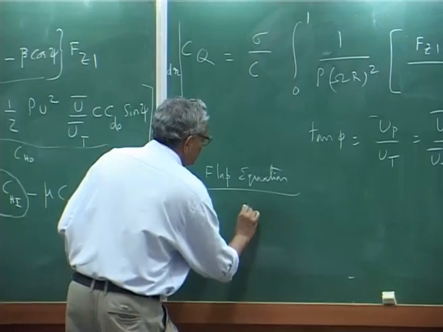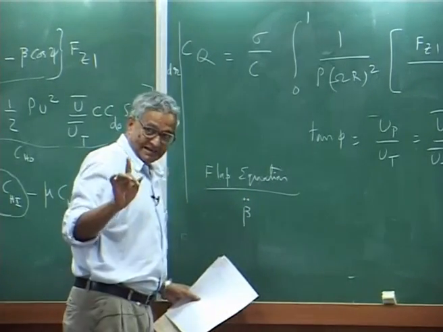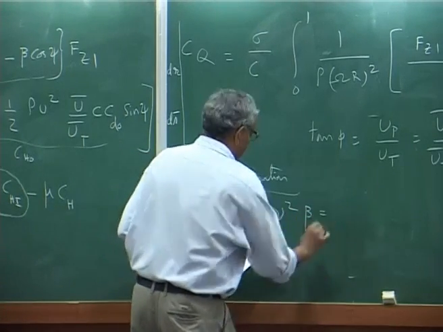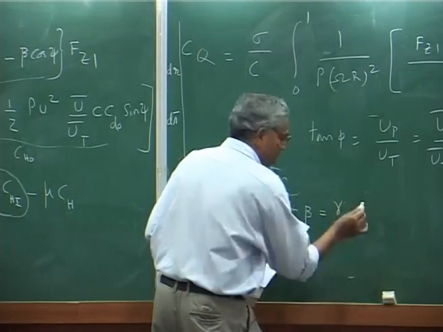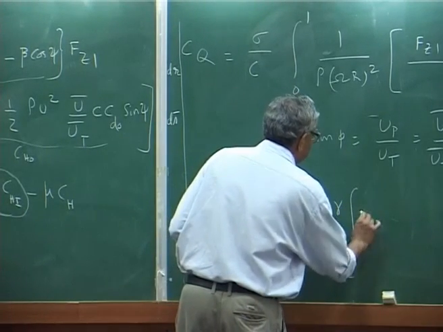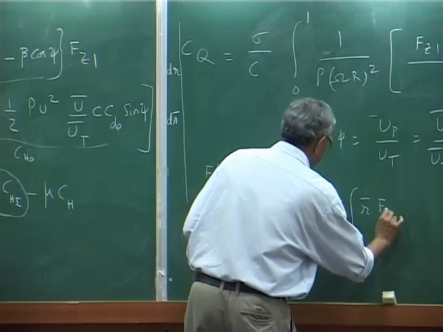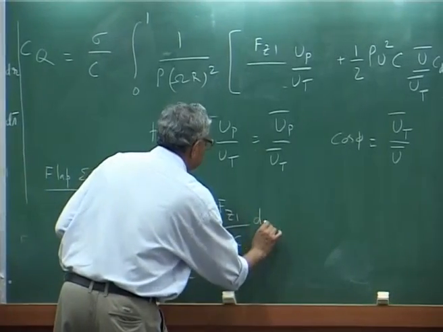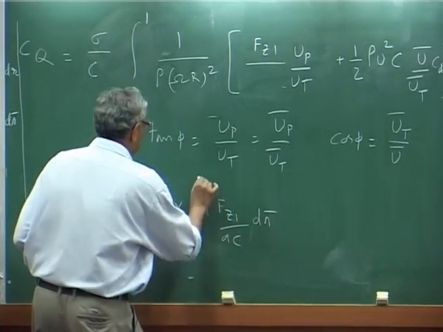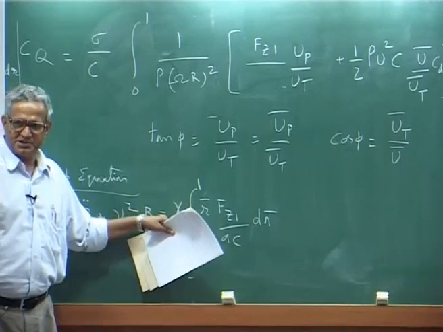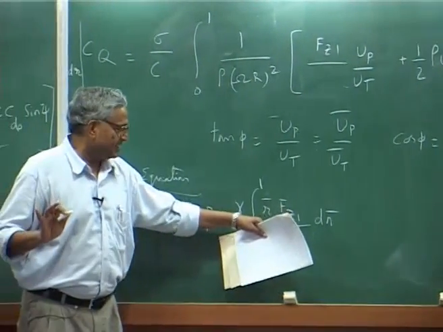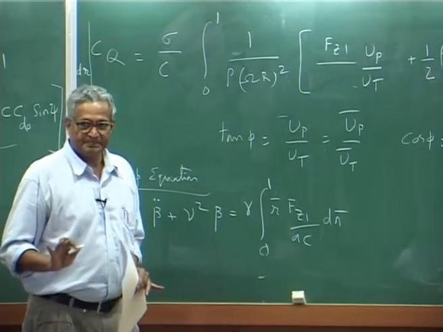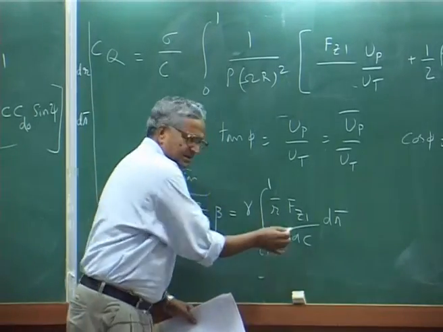Flap equation will usually be, which we will be deriving later, but I am just writing it here, some into some gamma, which is again one more number, r bar fz1 over a c. Gamma is some non-dimensional number, r bar fz1 dr bar, into a is the lift curve slope card.